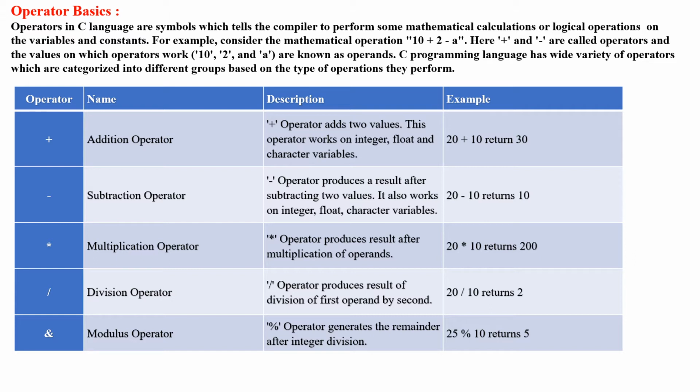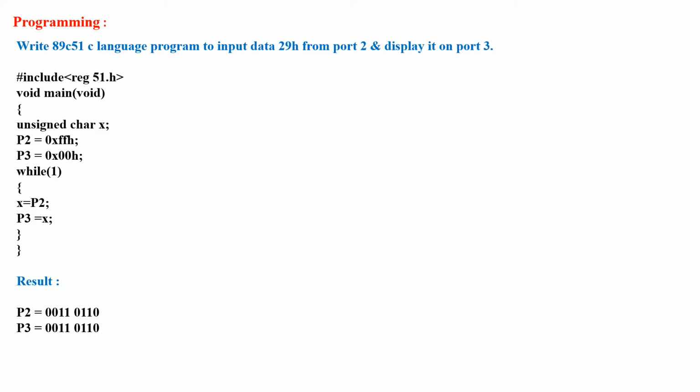Then this is the division operator, which produces the result of division of the first operand by the second. The example is 20 divided by 10, which returns the value 2. So this is one example of how these operators are used in programming.